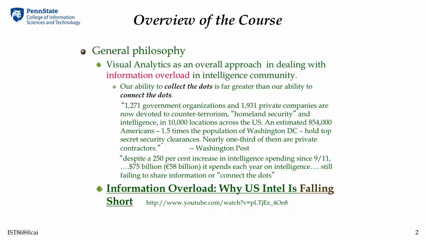However, as the Washington Post reported, despite the huge investment, our ability to respond to national or international threats to our security has not improved as we expected. So in the next slides, I'm going to show you an introduction video that presents a case of the intelligence community.